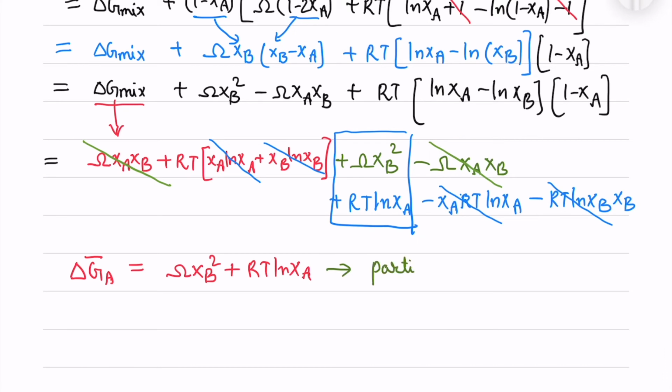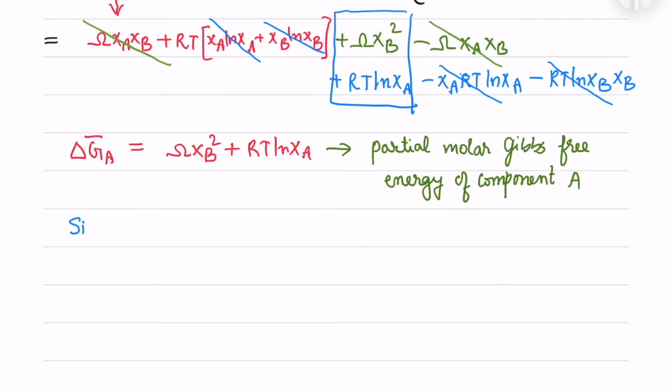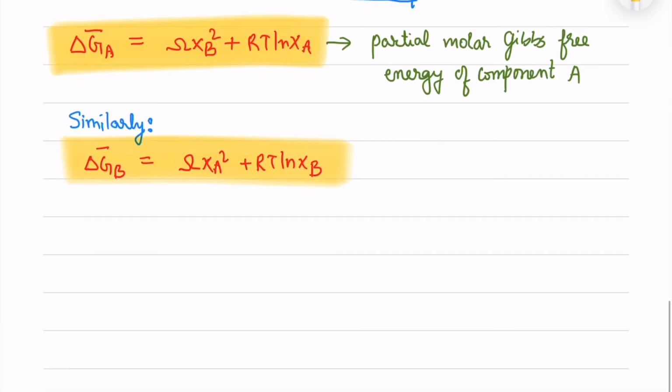So this is the partial molar Gibbs free energy of component A. This partial molar Gibbs free energy is nothing but the chemical potential of A. Similarly, we can get the partial Gibbs free energy of B. So these are very simple equations.